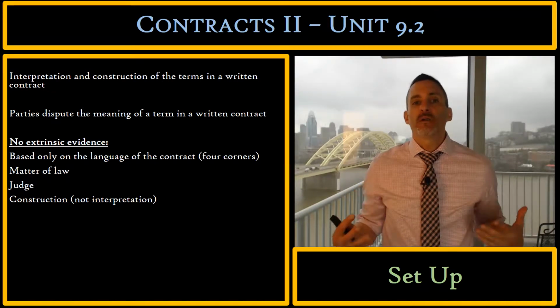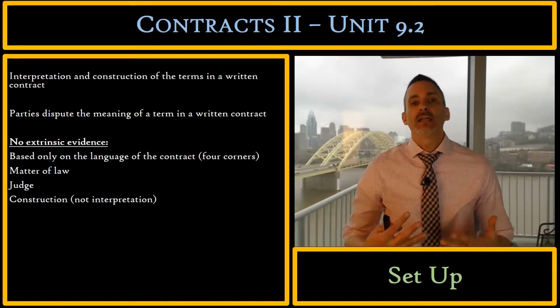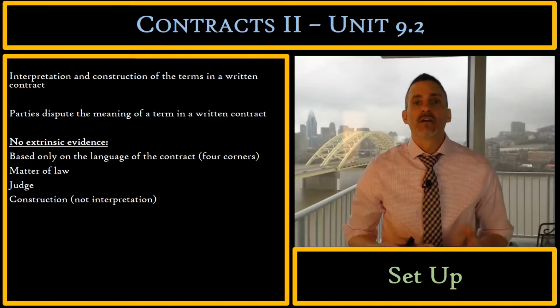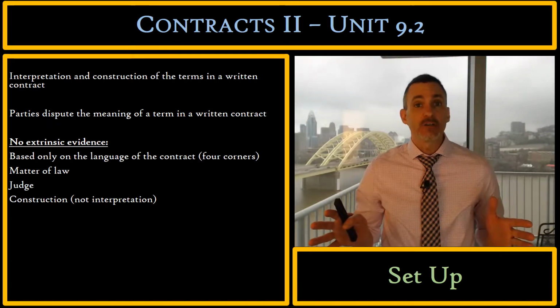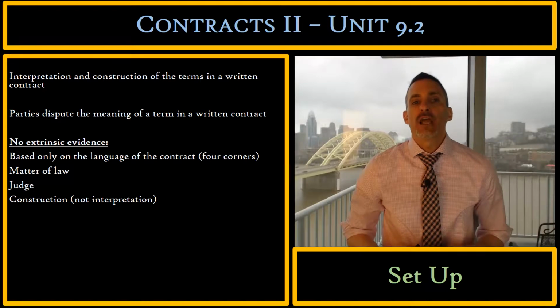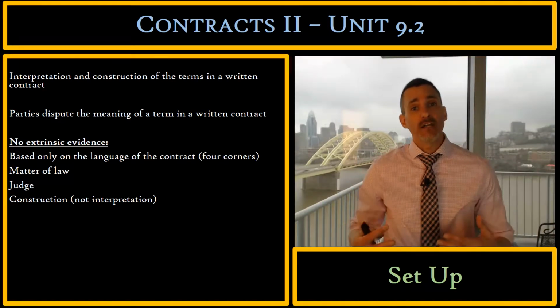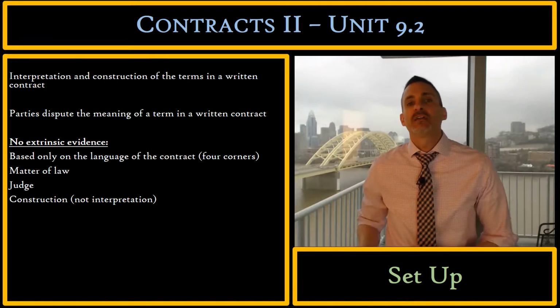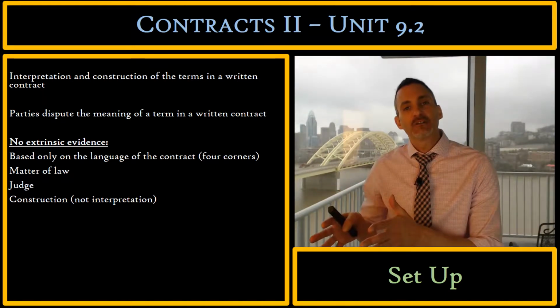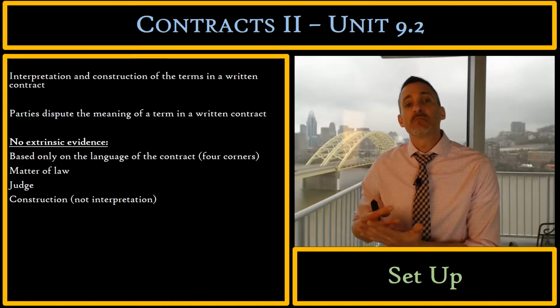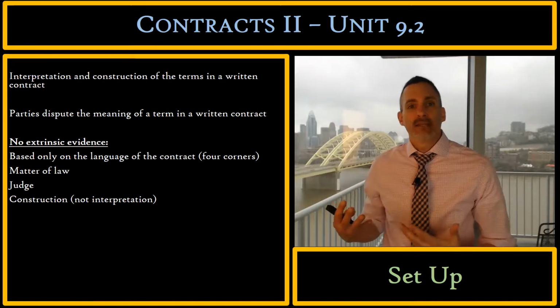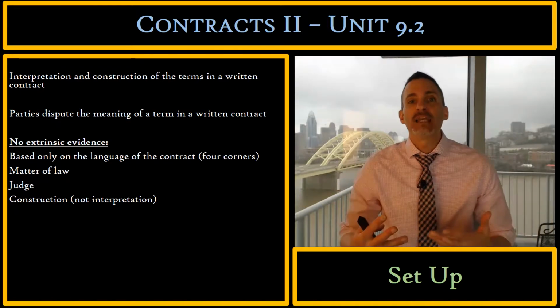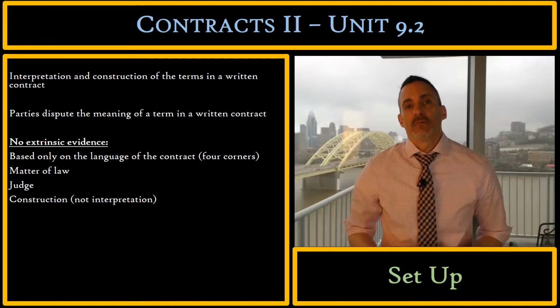Remember, we've already talked about how a judge will construe a contract when the parties have differing interpretations, but they don't use any extrinsic evidence to support those considerations. Effectively, the parties are arguing that this is the language of the contract, and I am reasonable in believing that it has this meaning, the meaning that I propose.